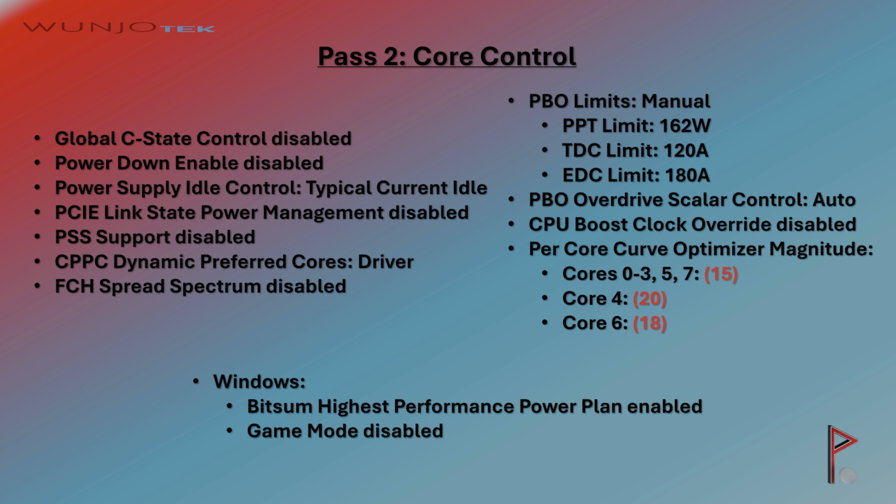I experienced a lot of this myself at stock settings, and I gradually made it better and better with tuning. Now, what I think is happening is that AMD aggressively drops its voltage rails at idle to chase efficiency, which can cause the system to fail to meet the boost algorithm's expectations, especially when tuning FCLK, memory timings, curve optimizer offsets, etc. So setting PSIC to typical current idle forces the CPU to maintain a slightly higher minimum power draw rather than dropping to the absolute lowest energy state.